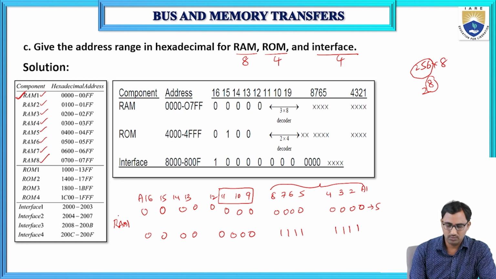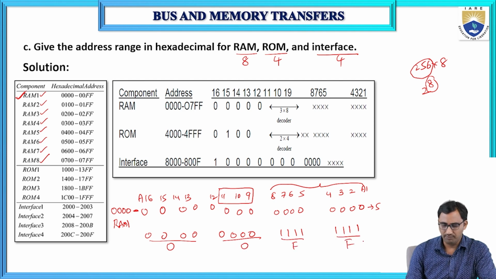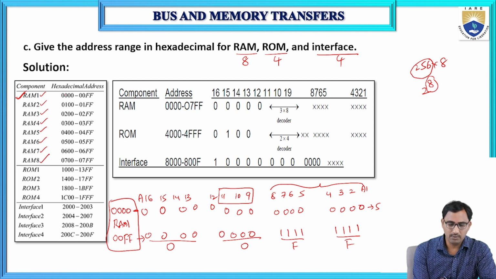All zeros is the starting address. The ending address corresponds to 0, 0, F, F. So for RAM 1, the starting address will be 4 zeros and the ending address will be 00FF. Next one is RAM 2.